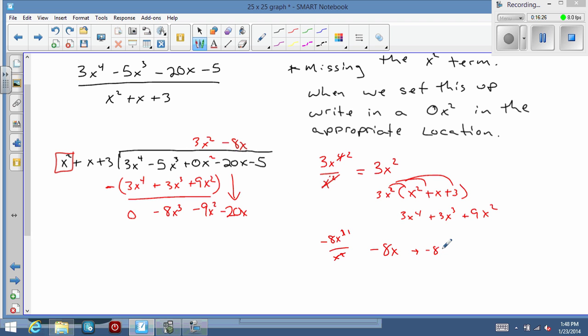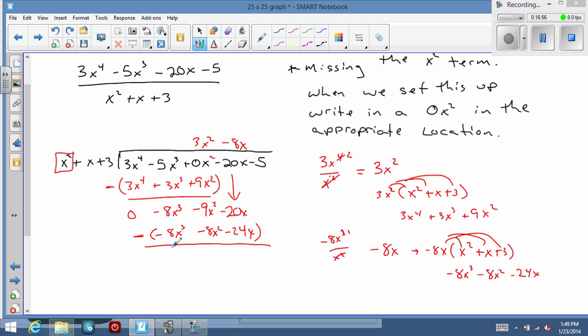And we're going to take negative 8x and multiply it by x squared plus x plus 3. When we distribute, we get negative 8x cubed minus 8x squared minus 24x. So we write in negative 8x cubed minus 8x squared minus 24x. And we're going to subtract.